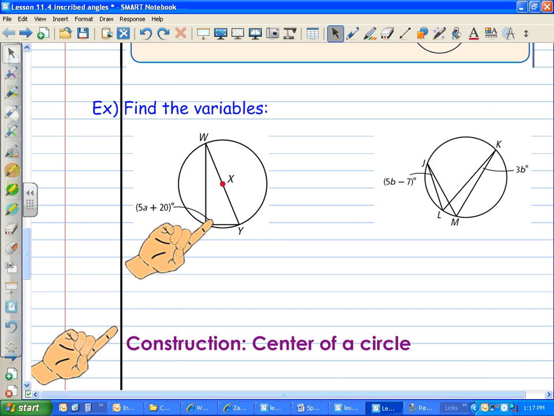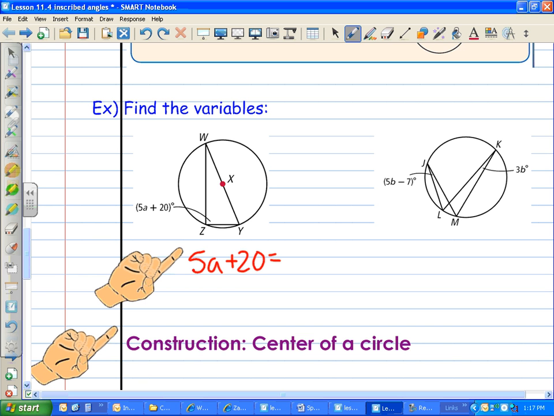How many degrees is this gonna be right here? I just told you, box. And I hope you're saying this is gonna be 90, because 90 is half of 180, because this whole thing here is 180, okay? So I'm gonna write that down. 5a plus 20, well, that's gonna equal 90 degrees. You solve it, okay? That's you.